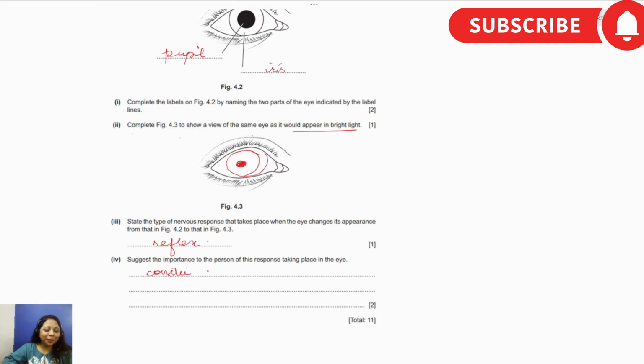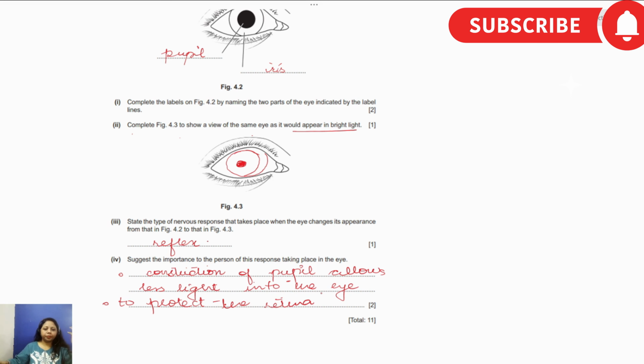Constriction of the pupil allows less light into the eye. This is point number one. To protect, this is your point number two. You have to protect the retina, or to protect the rods and cones, or whatever is in the eye.